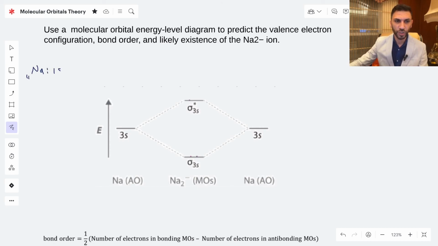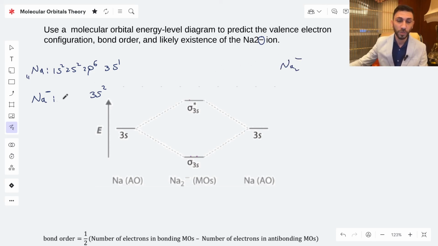The electron configuration is going to be 1s2, 2s2, 2p6, and 3s1. But for the other sodium, because it's negative, it's going to have 1s2, 2s2, 2p6, and in 3s we have 2 electrons because we have a negative.